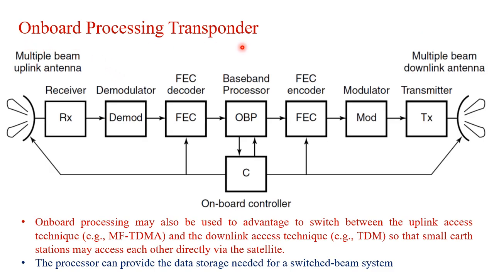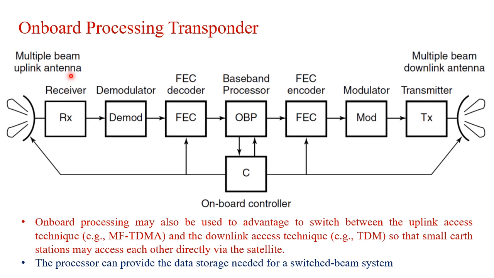Onboard processing transponders are actually used nowadays. They are using digital technology, and it has different kinds of flexibilities. And obviously they are exploiting new technologies, so obviously their performance is better.